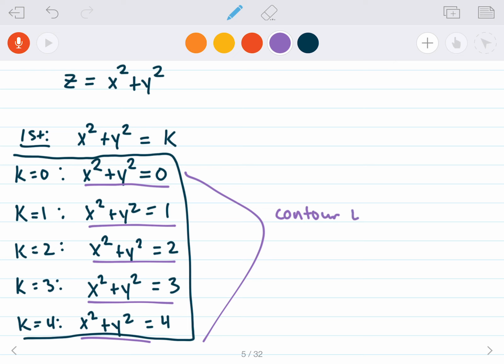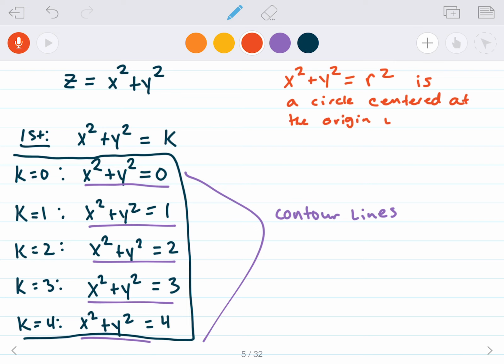Now you can use Desmos to plot this, but what you should recognize is that x squared plus y squared equals r squared is a circle centered at the origin with radius r.